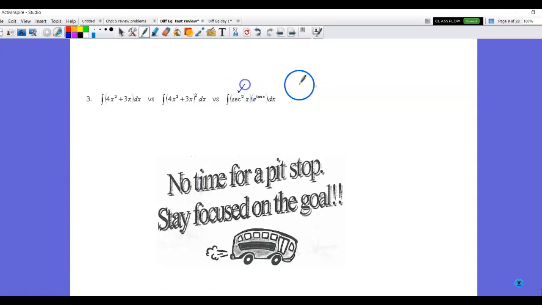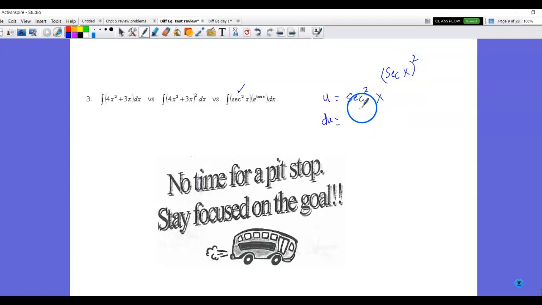So I'm going to choose secant squared x. So u is equal to secant squared x. This is the wrong choice. And let's see how I can find out that it is the wrong choice. The derivative, be careful, we got some chain rule action going on here. Remember that secant squared x is secant of x, squared.